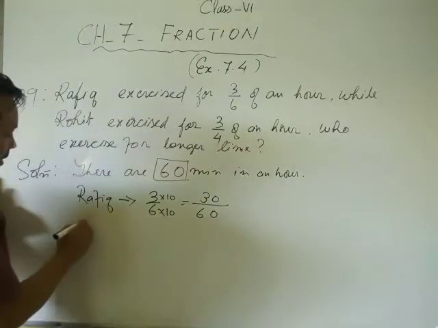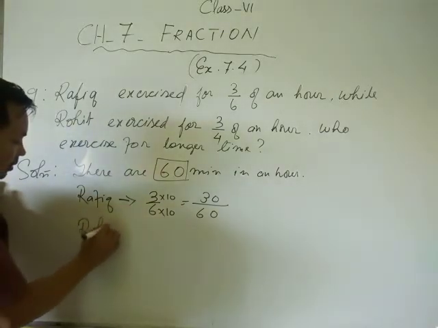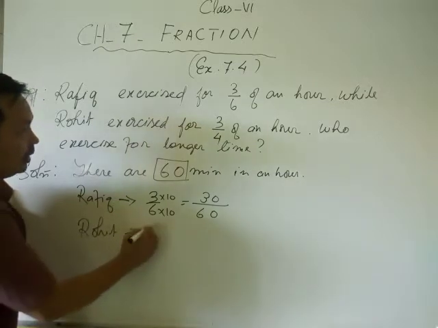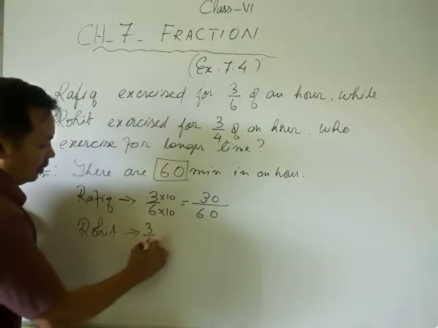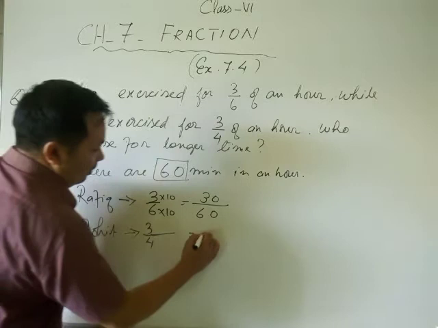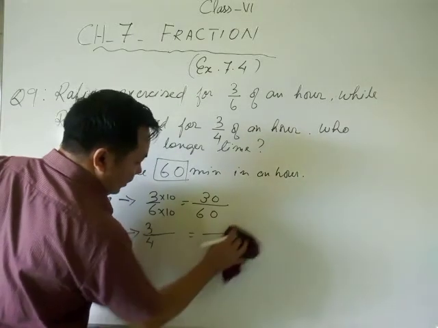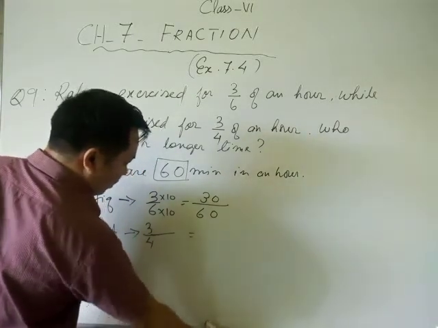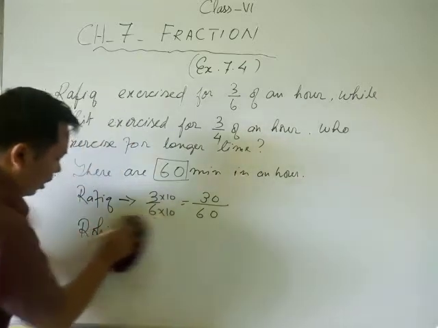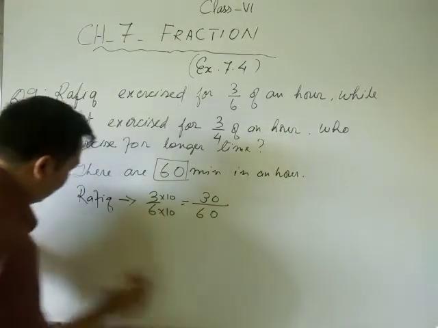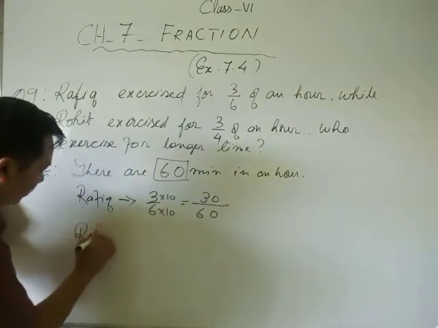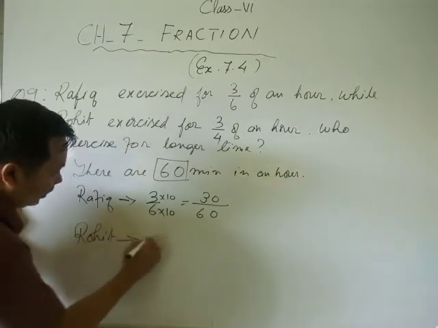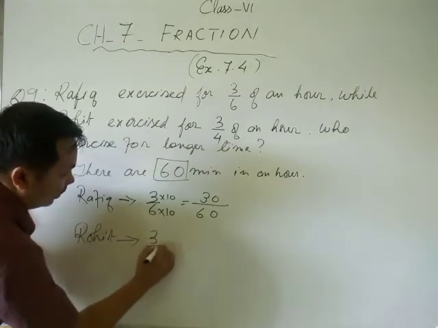Then next, for Rohit. For Rohit, it is 3 by 4. To get the fraction with denominator 60, how will we convert it? See, for Rohit, how much? 3 by 4, isn't it?